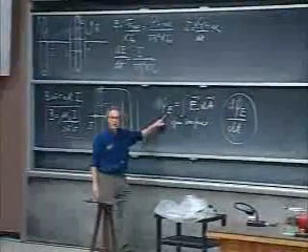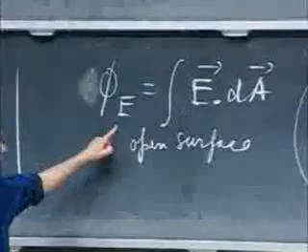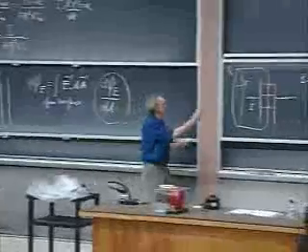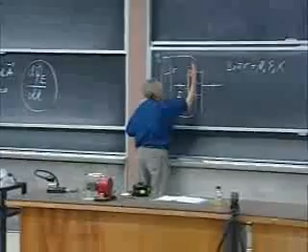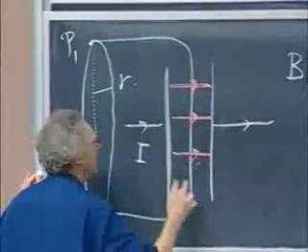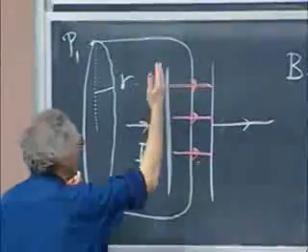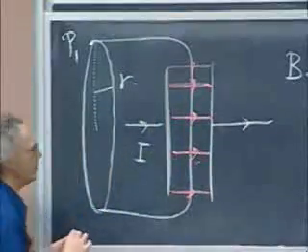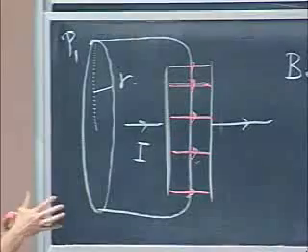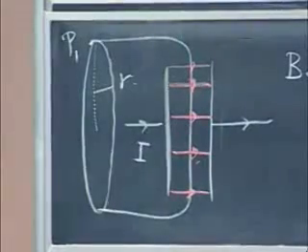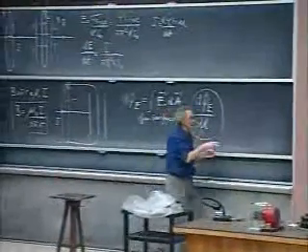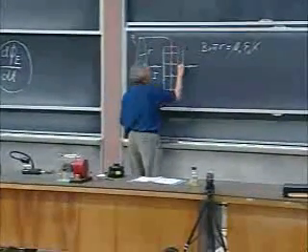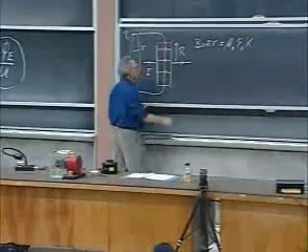Phi E is very easy to calculate because E and dA, right here, think of this part being flat. Wherever you are inside the capacitor, if we assume that there are no fringe fields, then there is an electric field only when you're inside the capacitor, and so the electric flux is simply E times the surface area. E and dA are in the same direction. So this is the electric field times pi capital R squared.